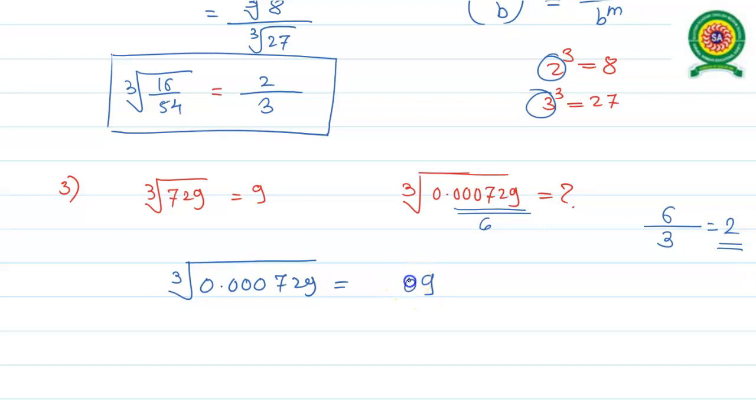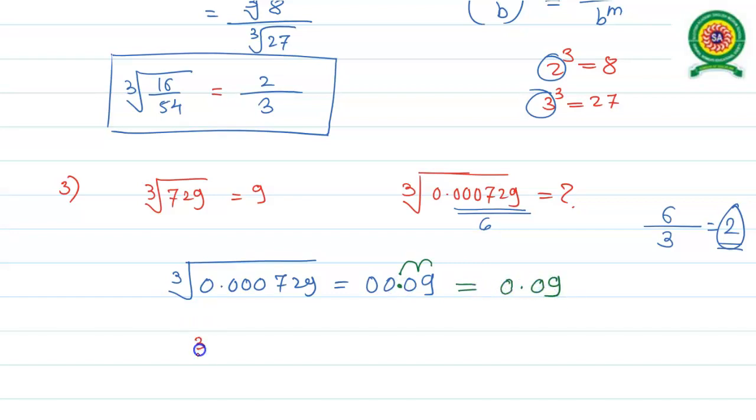That means we can include now some zeros before 9, so that we are having 0 0 0 like this. You may put the number of 0s, but we have to put the decimal after the 2 places. So it is actually 0.09.